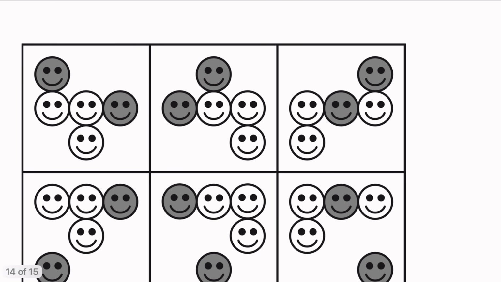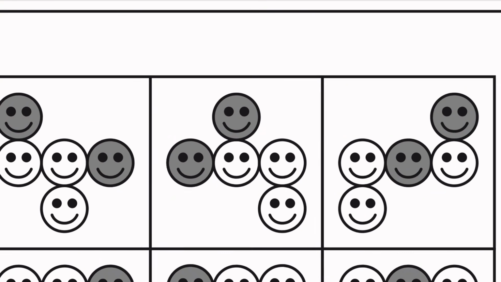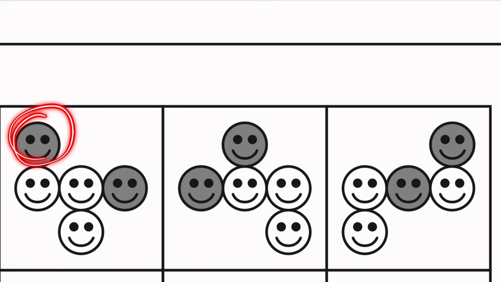So here, when you look at the first row, you notice that this smiley face takes the top left position, this smiley face takes the middle, and this one takes the right. So when you look at each row, each box shows each possible way the smiley face can be placed in that row.